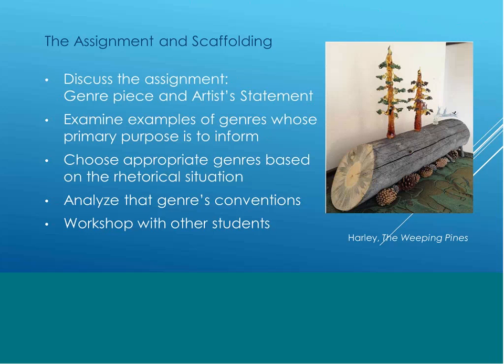Then when we met in class again, students would follow the steps in chapter 8 for choosing the genre they wanted to compose. I asked them initially to focus on perhaps 3 genres that could meet their rhetorical situation. I put them in small groups to talk to classmates about their choices and to help each other choose, is this the best one for reaching your audience in the way you want to, for achieving your purpose.